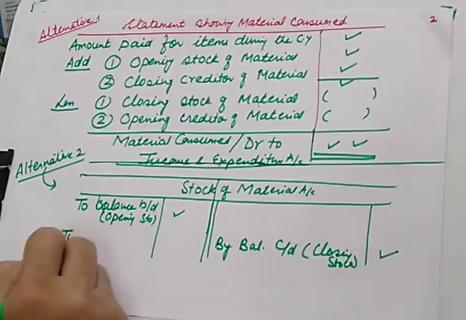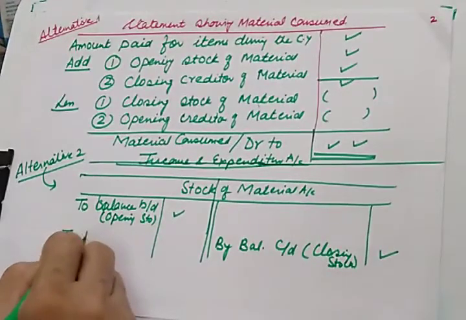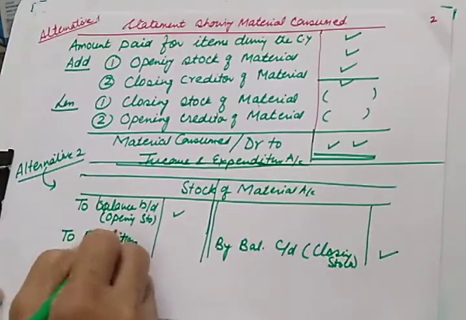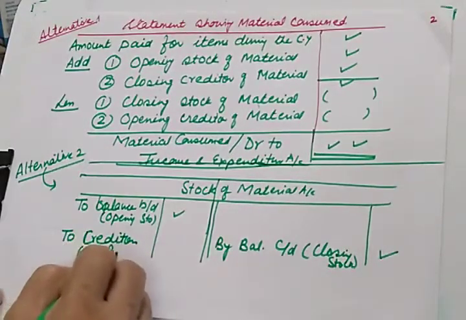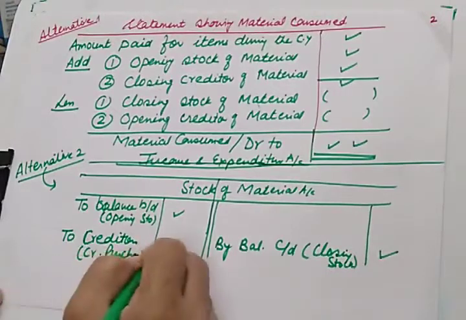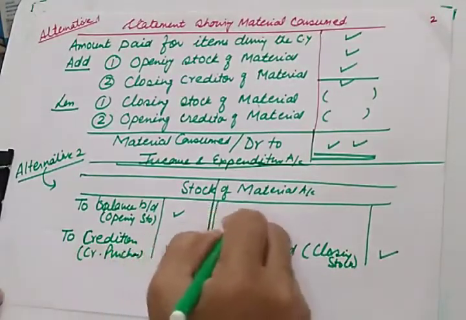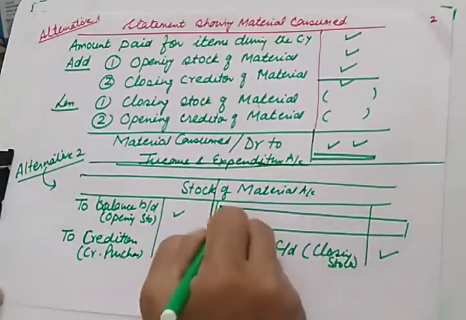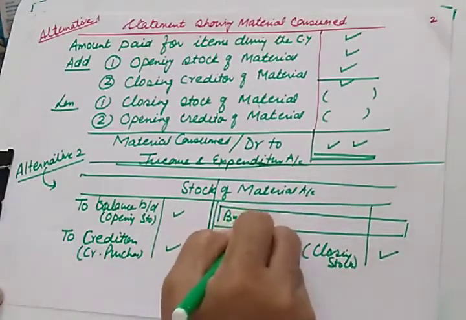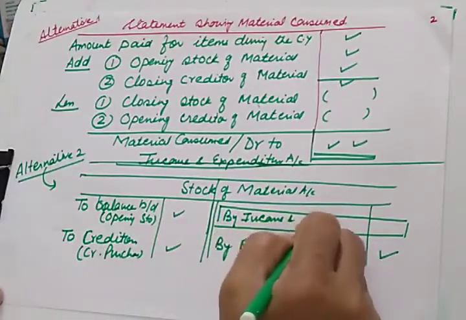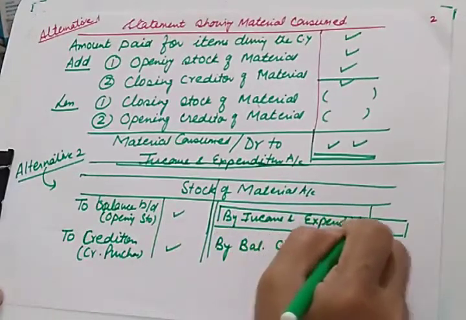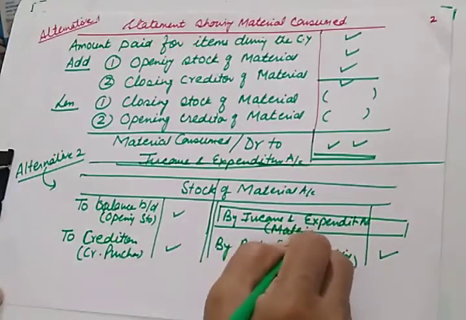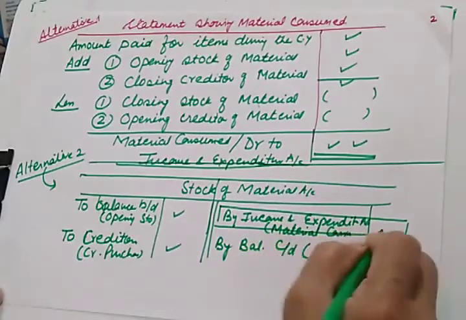And here we'll be writing the purchases, credit purchase, and if cash purchases are given to us, that we can write here only. And the balancing figure will be by income and expenditure account. This is material consumed. Yes, material consumed.